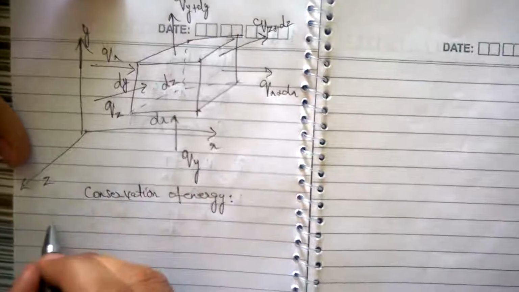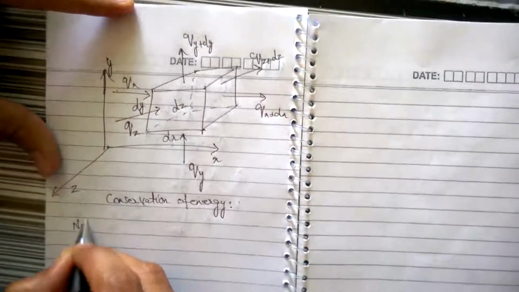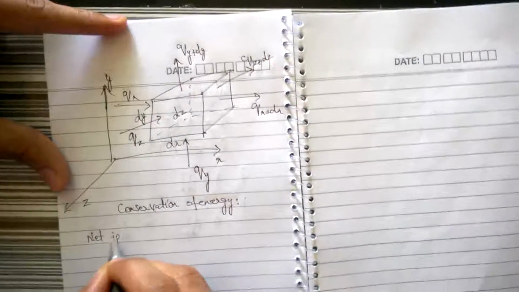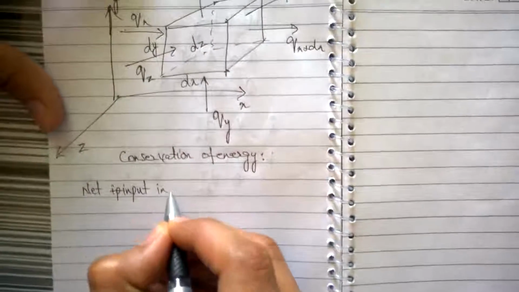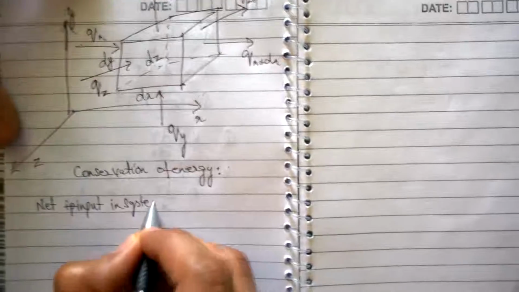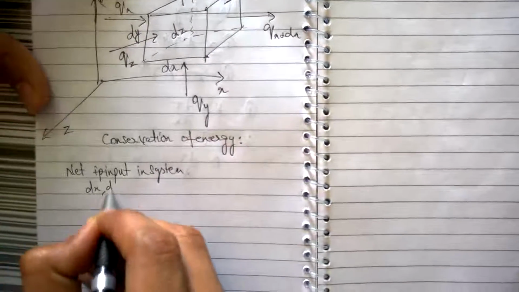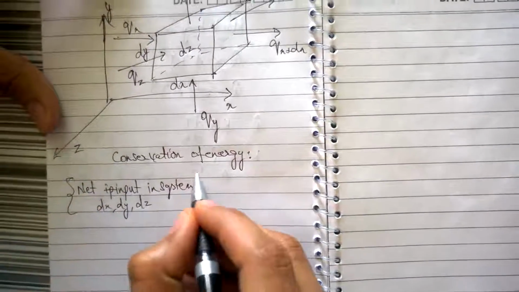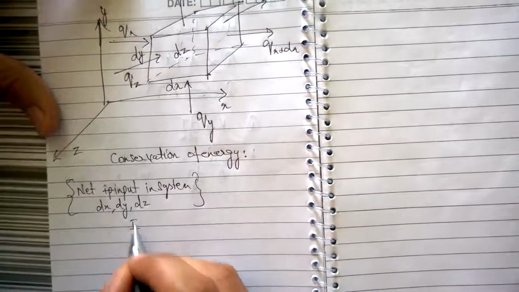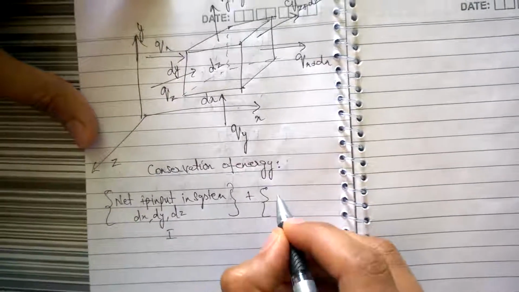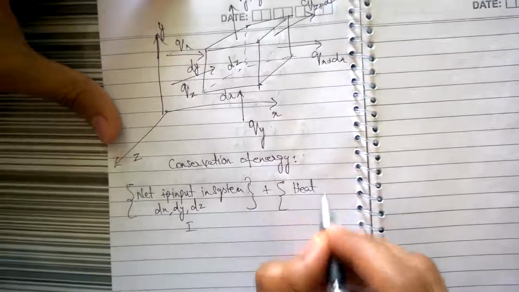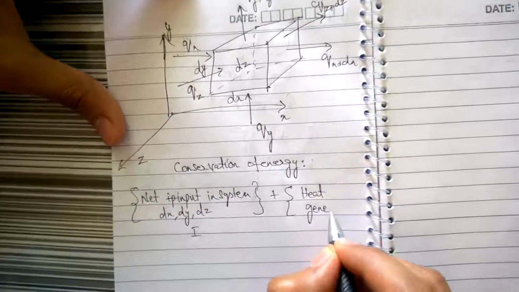We will say the net energy input into the system, which is your dx, dy and dz system, this cuboid, is our first term, plus any heat generated by the system. Heat can be generated by the system.